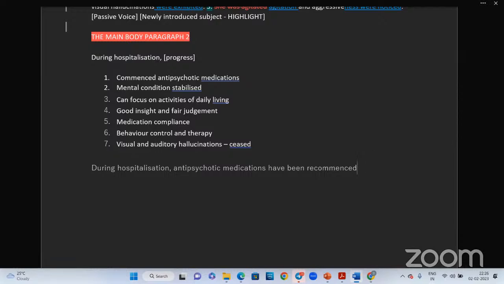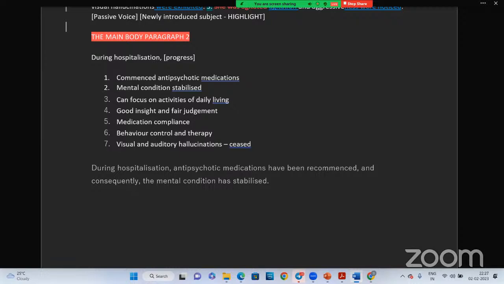And consequently, the mental condition has been stabilized. This is present tense. During hospitalization means now also she is hospitalized.